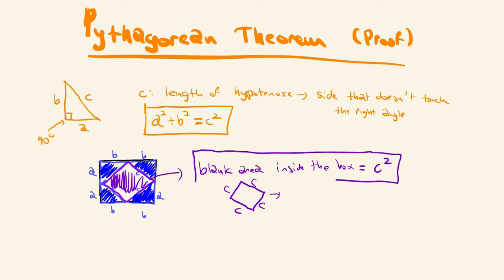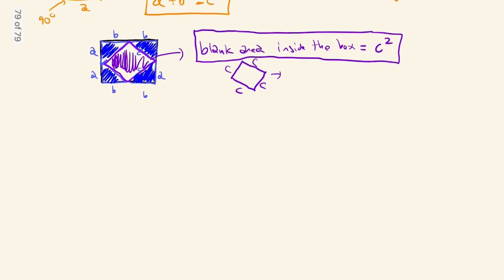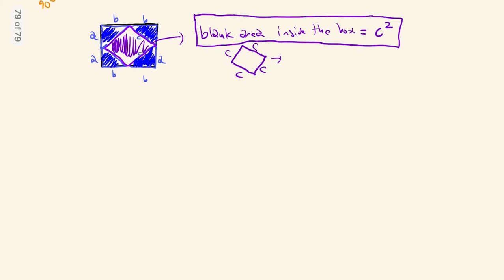Now, we're going to play a bit. Okay, we're going to take that same box, we're going to copy it. Except this time, we're going to stack our triangular blocks in a little bit different way.